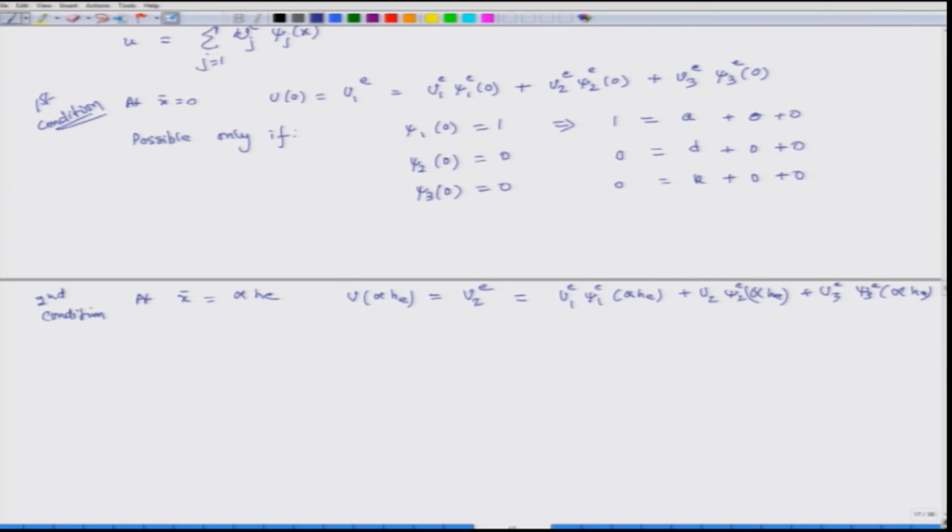This is possible only if psi 1^e at alpha h^e is equal to 0, psi 2^e at alpha h^e is equal to 1, and psi 3^e at alpha h^e equals 0.